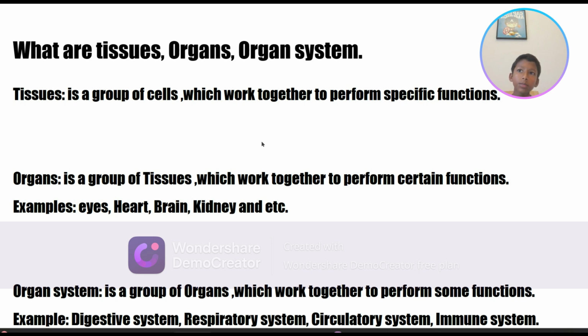There are also lungs. The lungs are used to breathe in and out. And there are more organs. An organ system is a group of organs which work together to perform some functions. For example, digestive system, respiratory system, circulatory system, and immune system.